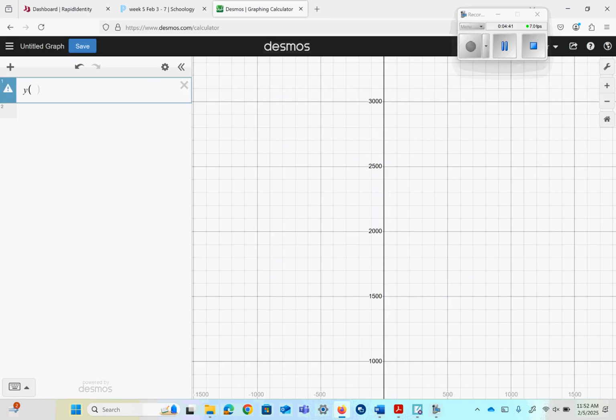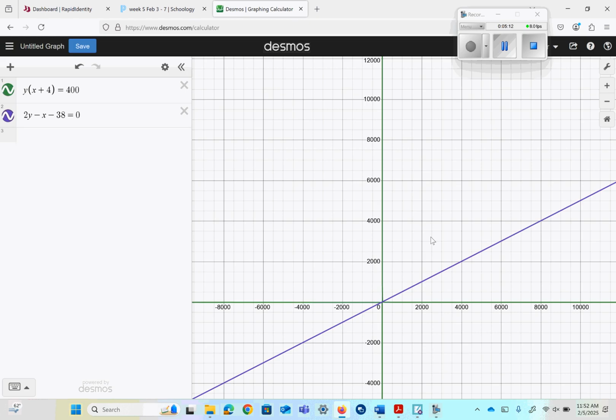So Y times X plus 4 equals 400. And then 2Y minus X minus 38 equals 0. So both of these are going to exist on Desmos.